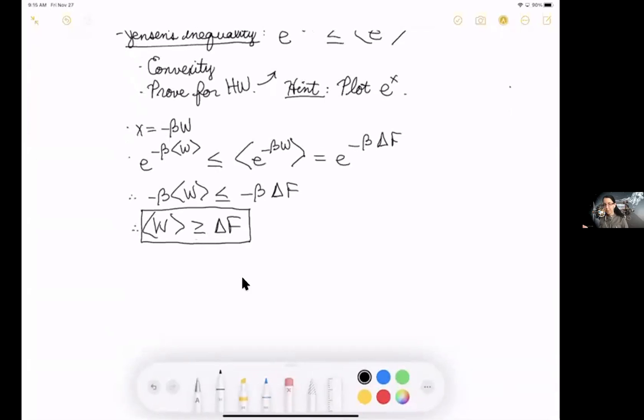The free energy difference, as we said before, is the work cost if the pulling is quasi-static, and we should expect that if the pulling is slow enough that we don't disturb the system very much, we don't jerk it out of equilibrium, then we can spend the minimum required amount of energy. But we're not going to pull that slowly, so we're going to have to pay more. So Jarzynski's equality is stronger than this implication of the second law.